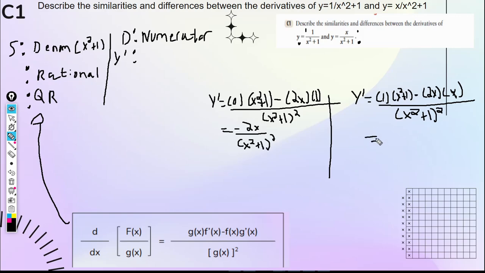This would be x squared plus 1 minus 2x squared, over x squared plus 1 squared. That is 1 minus x squared, over x squared plus 1 squared.